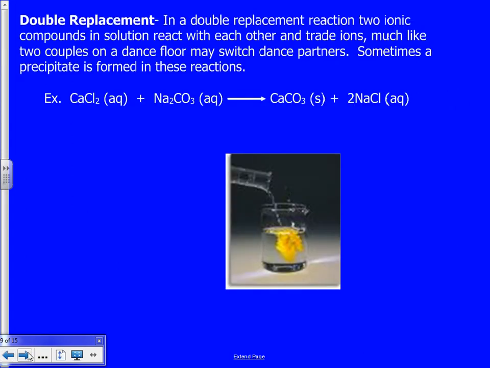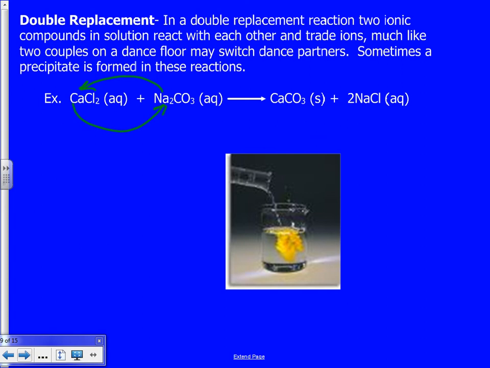Okay, back to double replacement. We start out with 2 ionic compounds, and we produce 2 different ionic compounds. So essentially, all we have to do in this kind of reaction is switch the metals. When I'm figuring out who ends up with who, I just take sodium and put it here, and take calcium and put it there, and I've got my new compounds for the other side.